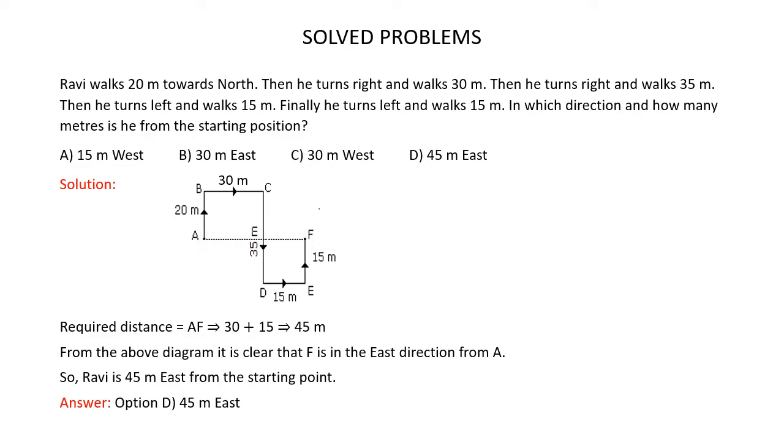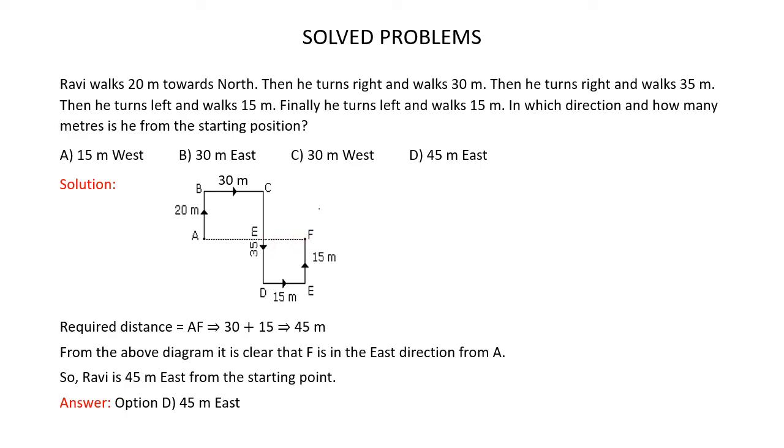Also, you are asked to find how many meters is he from the starting position. So you have to find the distance between A and F. Now from this diagram you can see that BC is 30 meters. So clearly this distance also is 30 meters. DE is 15 meters. So this distance is also 15 meters.